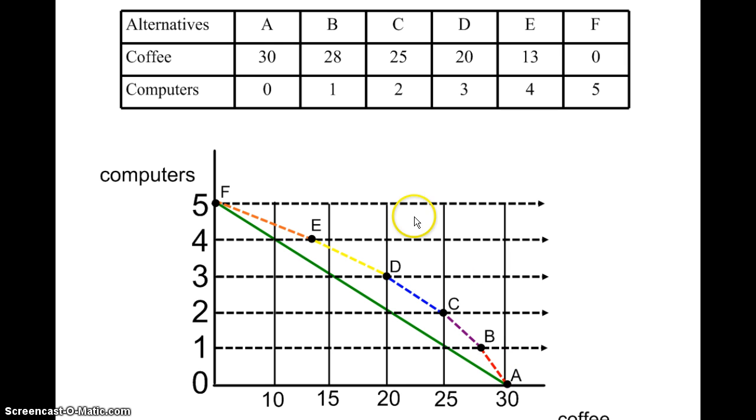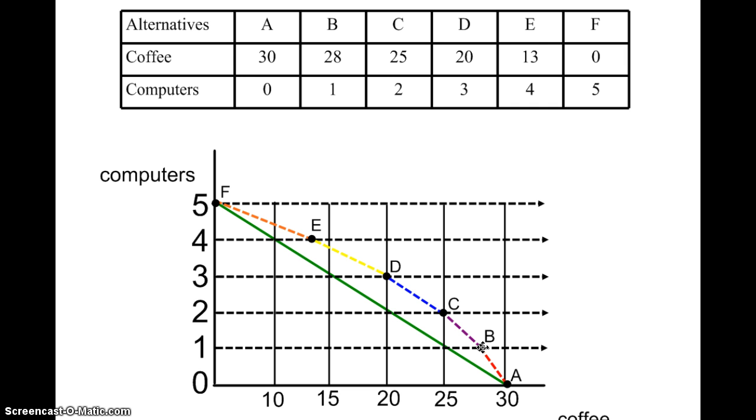So let's imagine we're moving from point A only to point B. Right now we have 30 units of coffee and 0 computers, and we want 28 units of coffee and 1 computer. What do we need to give up? We give up 2, and we gain 1. So our opportunity cost is 2 over 1. Now I realize that's not technically the slope, because the slope is always, by mathematicians, defined as rise over run.